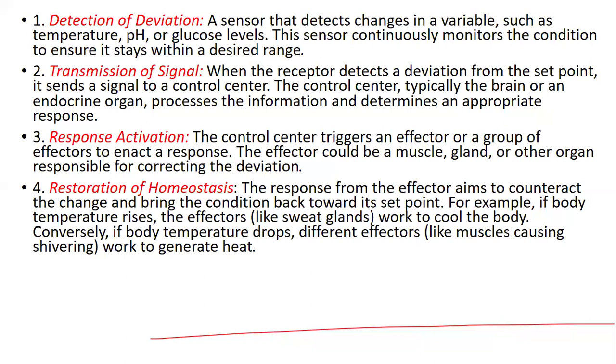So if there's a temperature difference, the body must find a way of ensuring that that temperature difference does not cause the body to malfunction. That temperature difference must be dealt with in such a way that the core body temperature remains more or less the same.